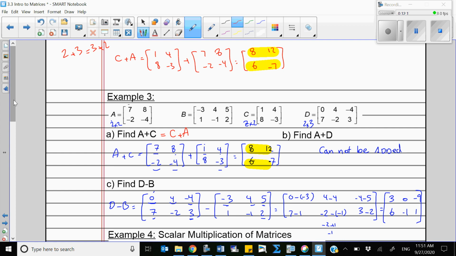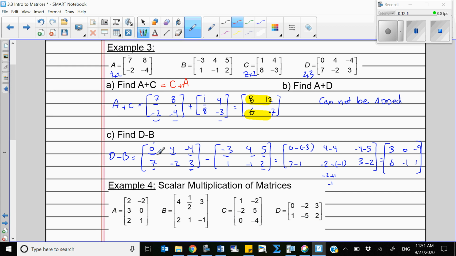But is subtraction also commutative? No, subtraction is not commutative. D minus B is this matrix, but B minus D is not the same as this one. So here I have written for you B minus D. The B matrix is here and D is here.